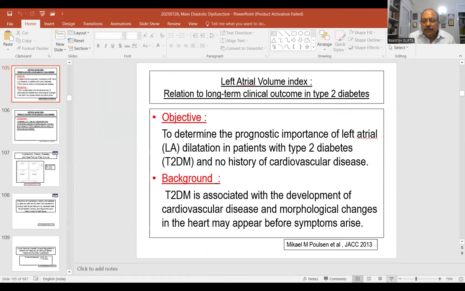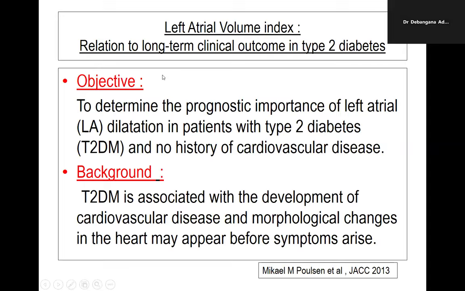Can you? Yes, sir. This is the objective of this paper, which was to determine... look at this paper published in JACC 2013, first of all.